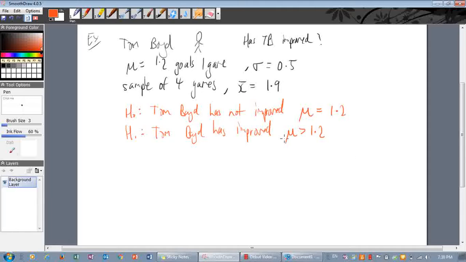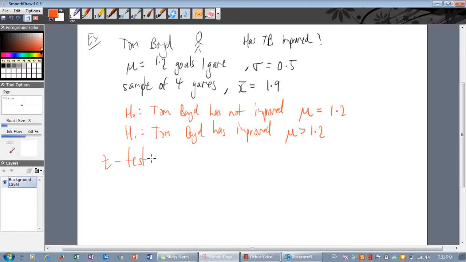We don't know how much by, but we're just saying that it has increased, and that this value here is actually representative of the fact that he has improved. And so that's what we're looking at here. And how do we actually decide this? What we have is called a z-test, and we're going to look at what this is, and this just helps us calculate the probabilities, okay? So I'll come back to the z-test.